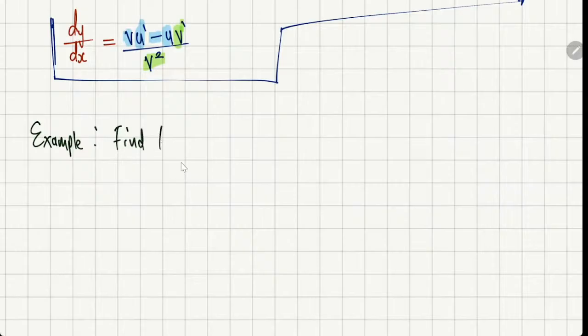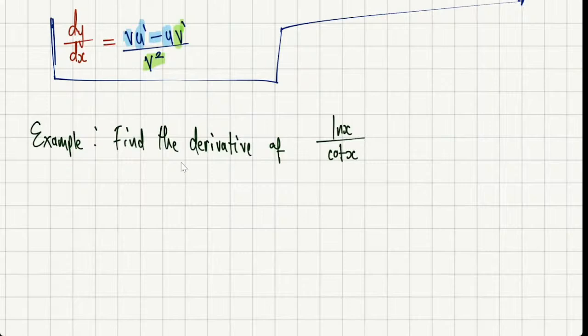Find the derivative of, let's say, I want to make it simple, ln x over cot x. Find the derivative of ln x over cot x.